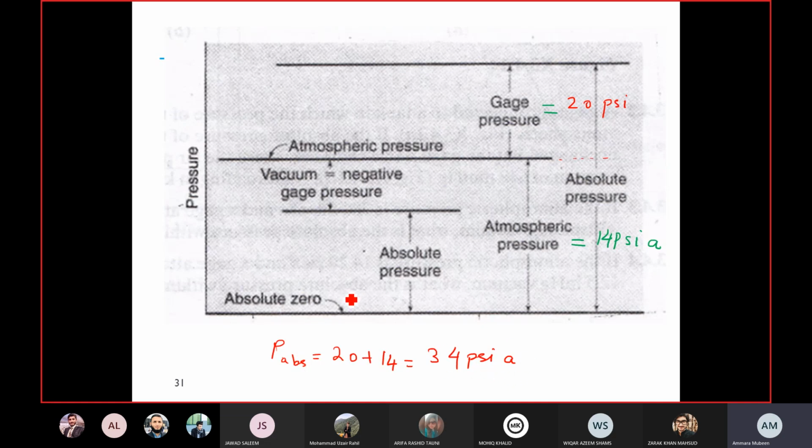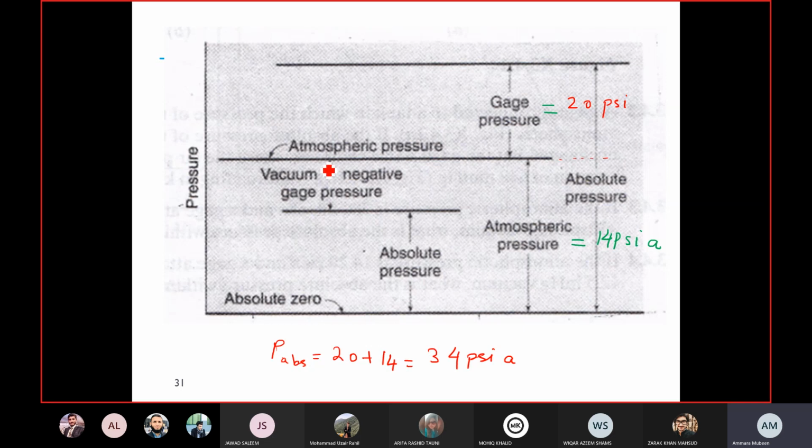So this is the difference between absolute and gauge pressure. Sometimes you may observe negative pressure. Negative pressure means that if the gauge is giving negative pressure, the pressure is less than atmospheric. Negative pressure is the pressure which is less than the atmospheric pressure.